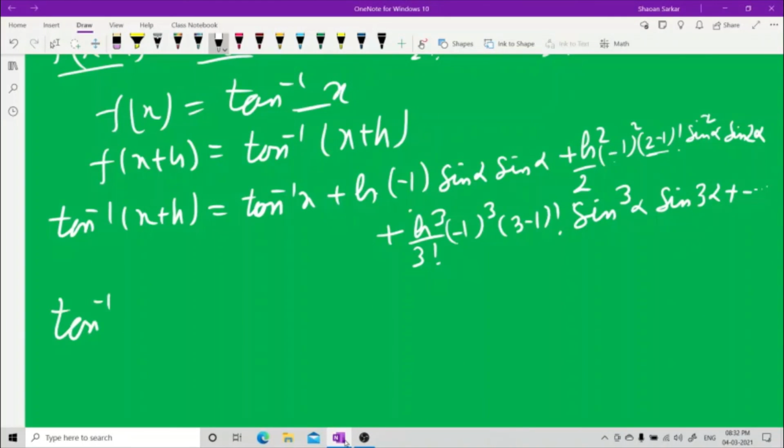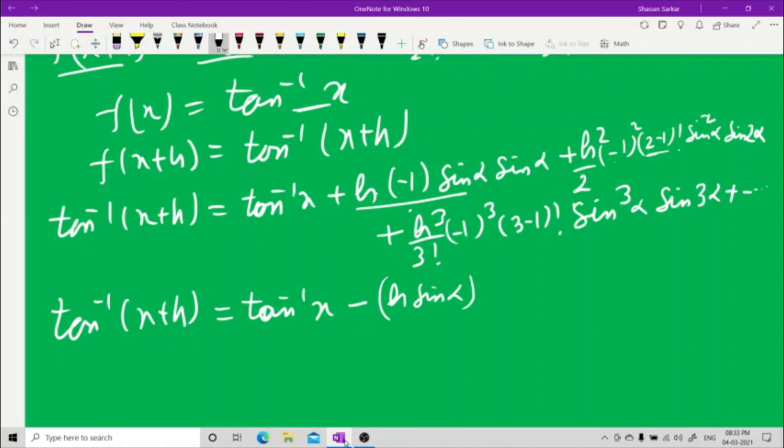Tan inverse of x plus h is equal to tan inverse x minus h sin alpha. These two have been paired up. Sin alpha, minus 1 square, and 2 minus 1 is 1 factorial, which is 1. So this becomes h sin alpha whole square by 2 factorial. 2 factorial is 2, let me write it as 2 only.